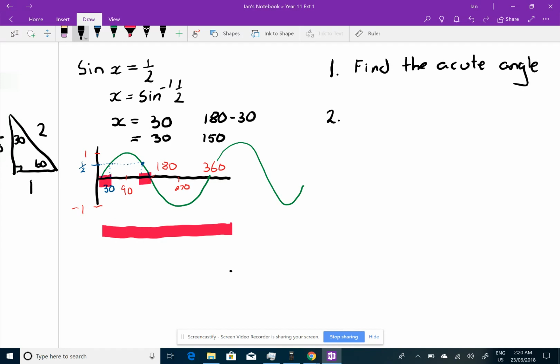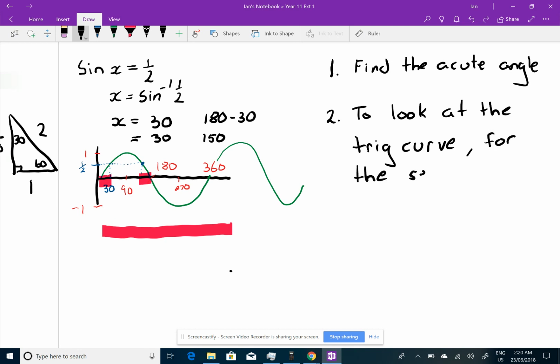And the second step is to look at the trig curve for the set domain, because they're going to have a domain or a parameter about how far you can go, because otherwise you have an infinite amount of answers.